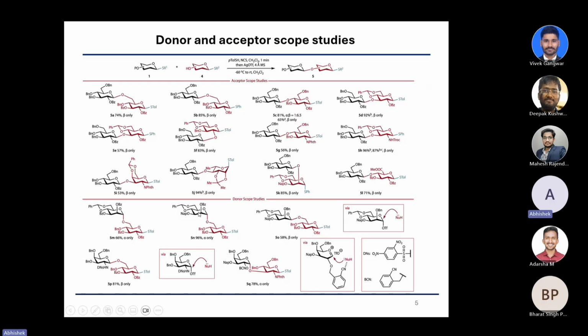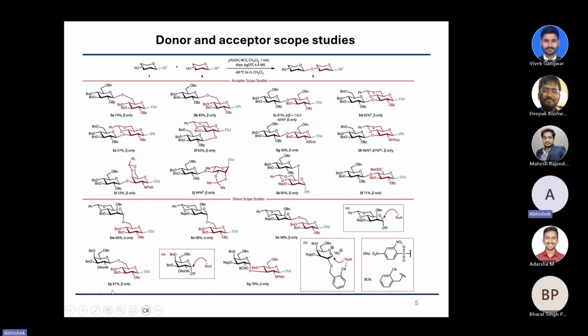But by changing C2 from OBJ to OBN, he got stereoselectively the beta-only product, and this 5O went through a transition state of direct displacement, an SN2-type reaction. So he got beta only in this case.